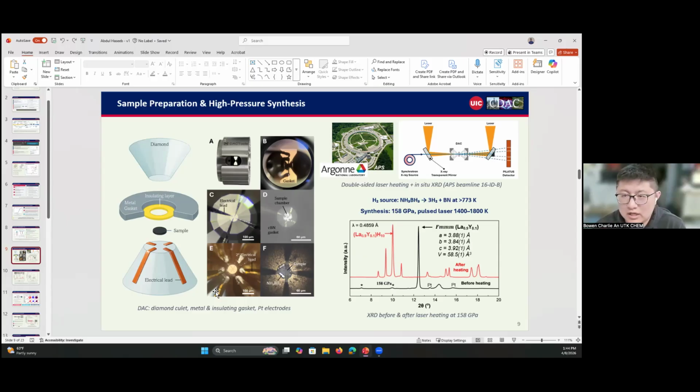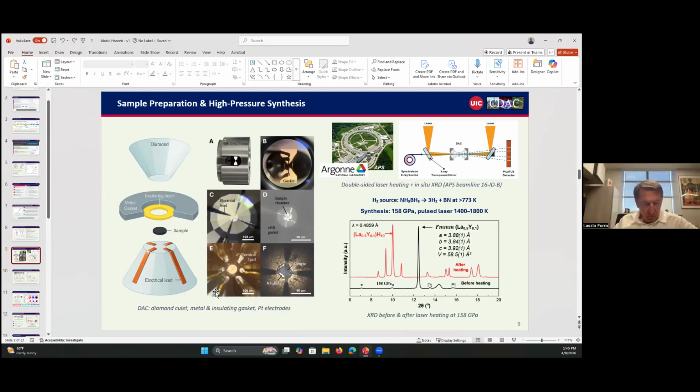One more question on this page, about the reaction itself. It looks like the hydrogen source is coming from that reaction, right? Yeah, NH3BH3, and then it decomposes. But this decomposition is also occurring under high pressure, right?